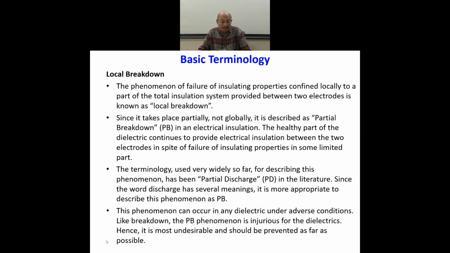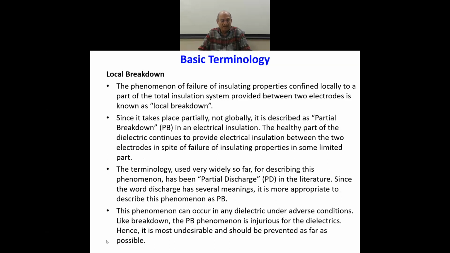But the local breakdown is something very interesting to be understood. It may happen when you apply the voltage on the electrode, which is resting on some insulating material. The insulating material may lose its insulating properties locally near the electrode only, not all throughout.